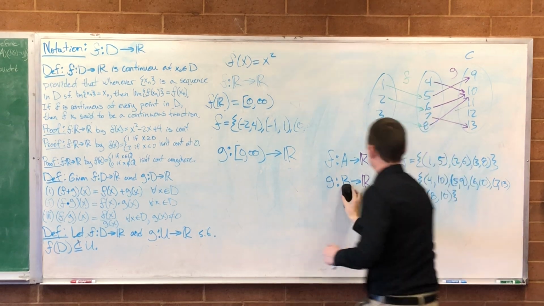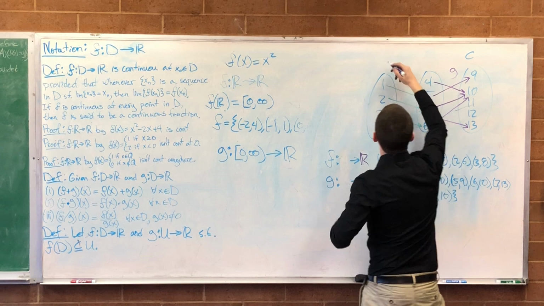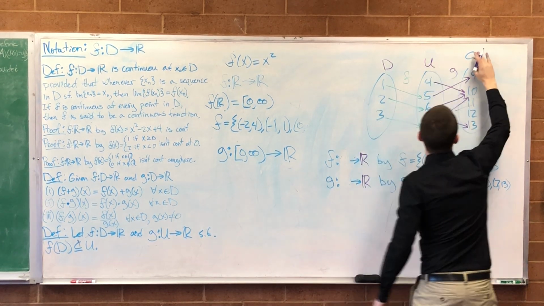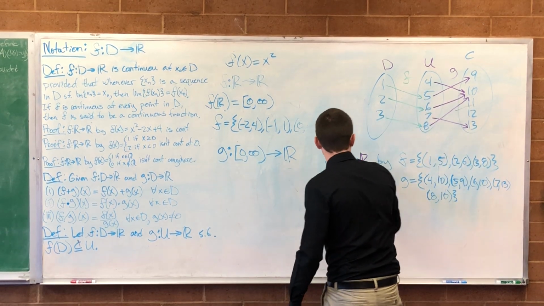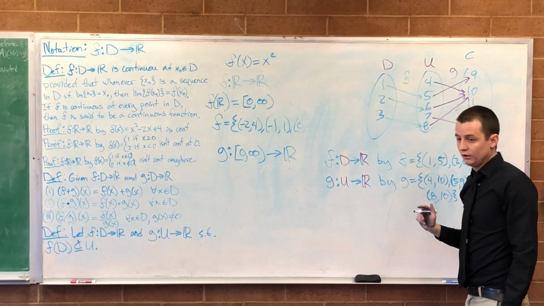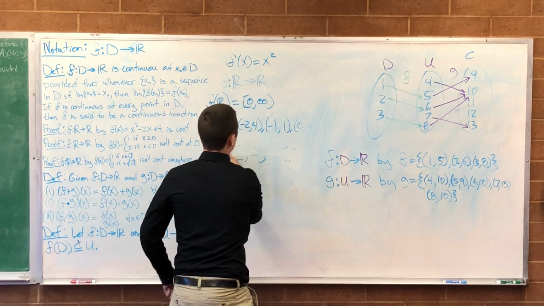So over here, let's even match how we have it written over there better. I should have done this to begin with. So we'll call this D, we'll call this U, and we'll keep that C, that doesn't matter. So now f is a function from D to R, and g is a function from U to R. And notice that now, looking at this, let's erase over here.